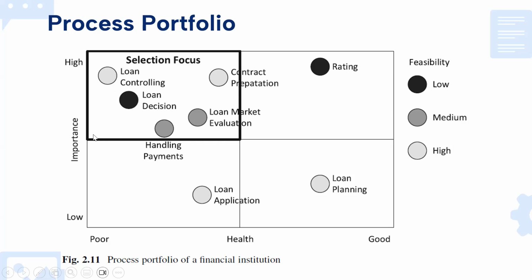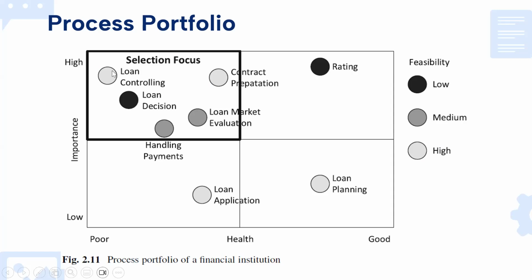As Tarindu mentioned, based on theory, if you have prior BPM experience and a BPM track record, so within the organization we have been doing BPM activities for a couple of years, we have been successful and everybody believes in BPM activities, then you should go for loan controlling.